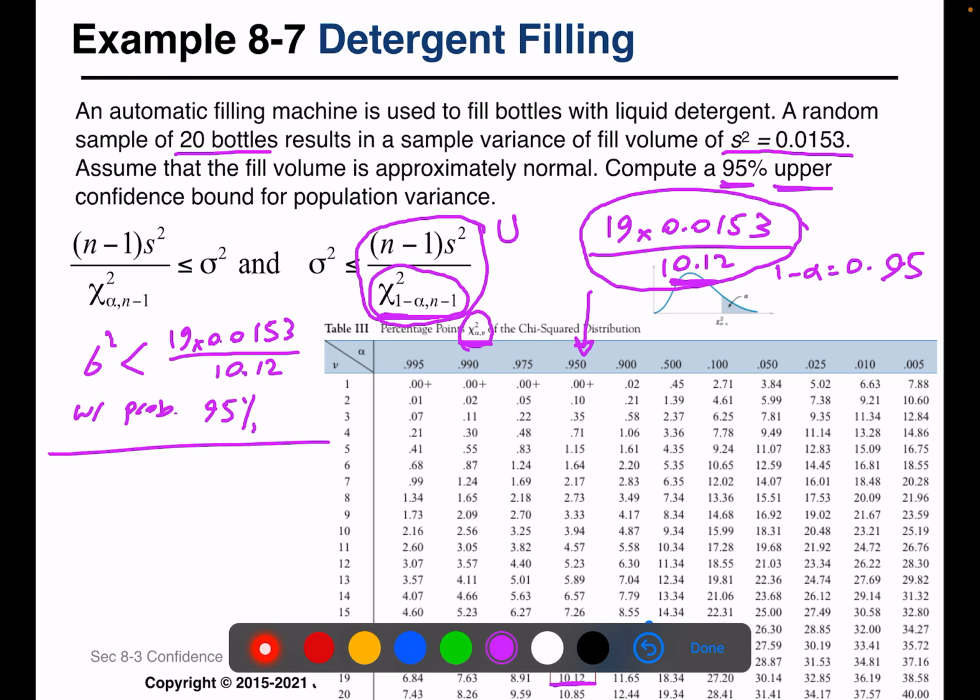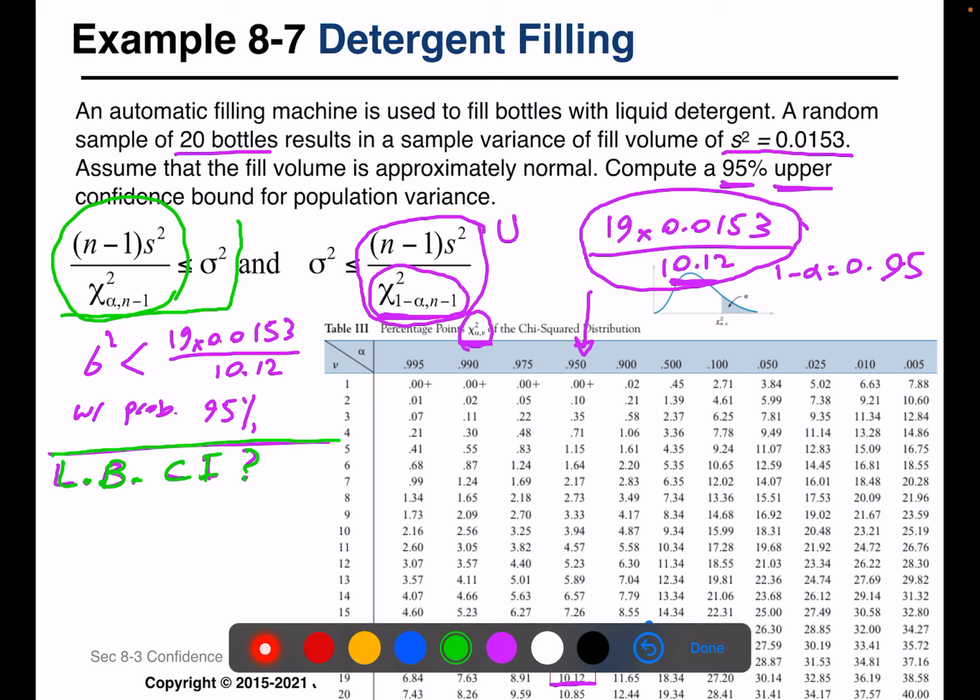So what if the question wanted the lower bound, right? Compute a 95% lower bound confidence interval instead of upper bound. For the lower bound, we have to use this other equation, because this is the lower bound. Everything remains the same.